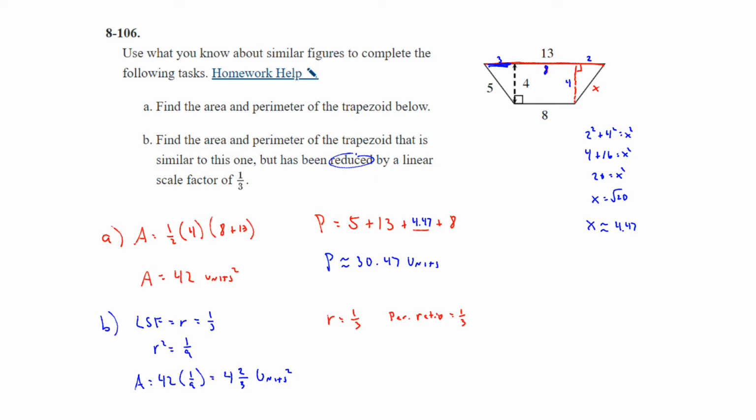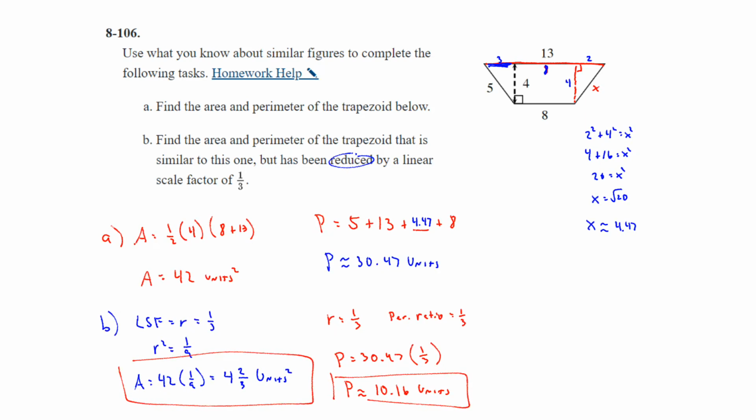Your perimeter was 30.47 approximately, which means that the new perimeter is going to be about 1/3 of that as well. And so we'll get a perimeter of approximately 10.16 units. So there's your new perimeter. And this is actually your new area for that.